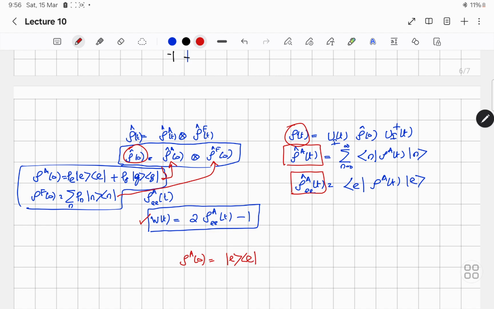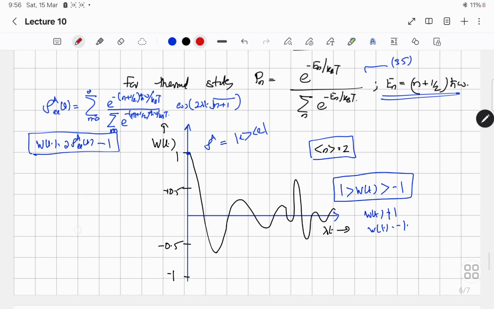The atom, we have assumed the atom is initially in the excited state, and the field is in the incoherent superposition. That is sum over n equal to 0 to infinity P_n outer product |n><n|. In this particular case, the form of W(t) is already given here.